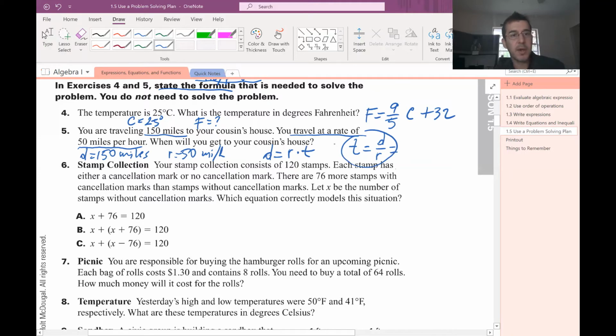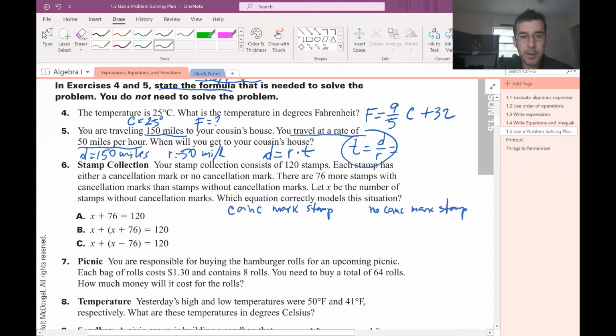Number 6, stamp collection. Your stamp collection consists of 120 stamps. Each stamp has either a cancellation mark or no cancellation mark.